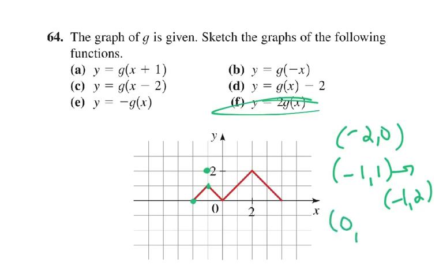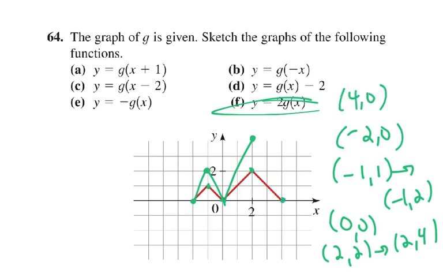And then 0, 0 stays the same. And then 2, 2 is going to become 2, 4 because you're multiplying the y coordinate by 2. And then 4, 0 is going to stay the same because 2 times 0 is 0. And there's your vertical stretch.